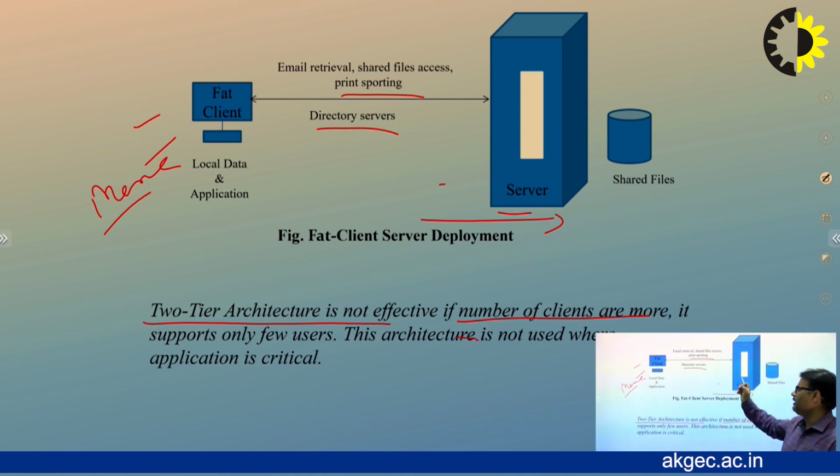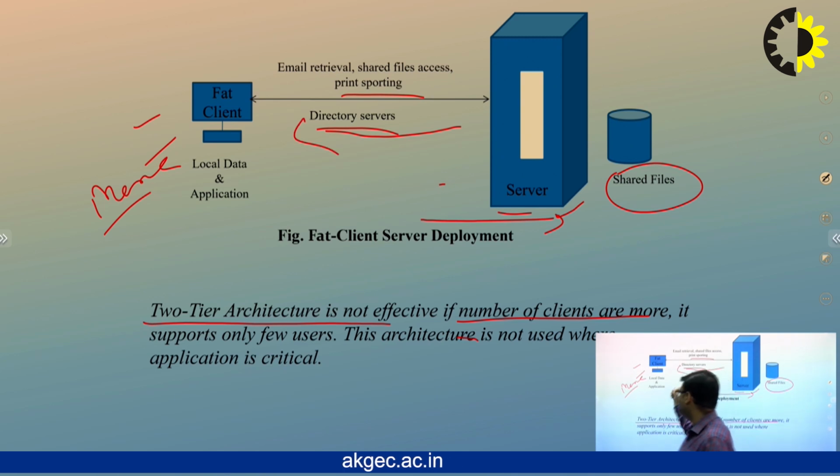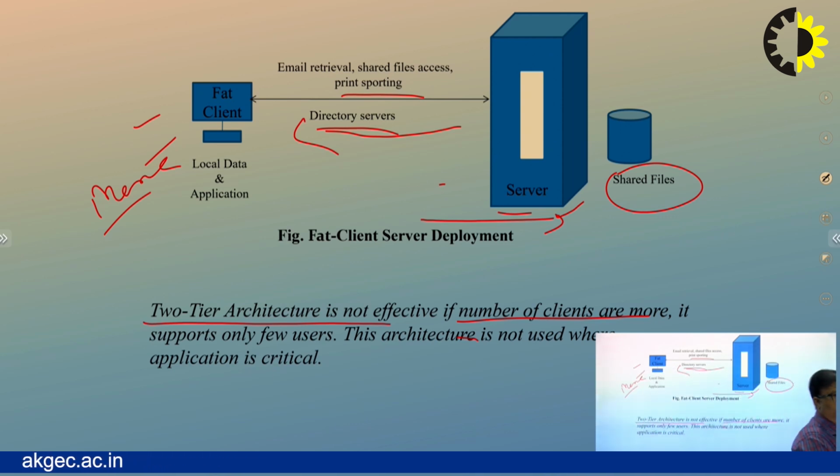The server gets the request from the client, gets the information through the shared file, and sends the response. So with only a few users, the architecture is not used where the application is critical.